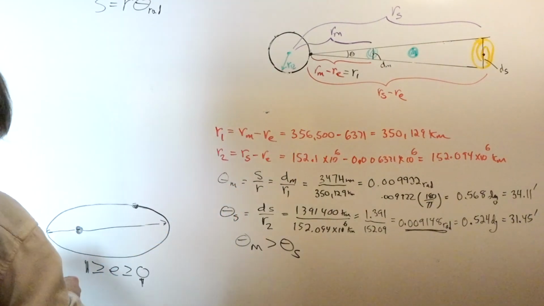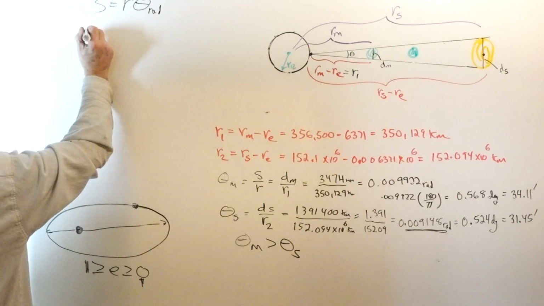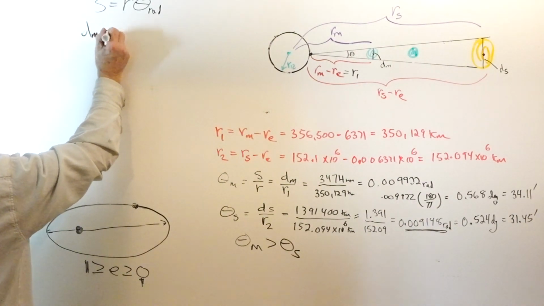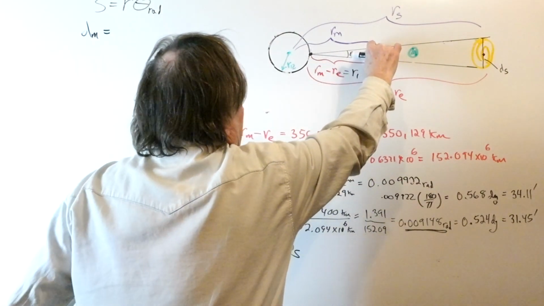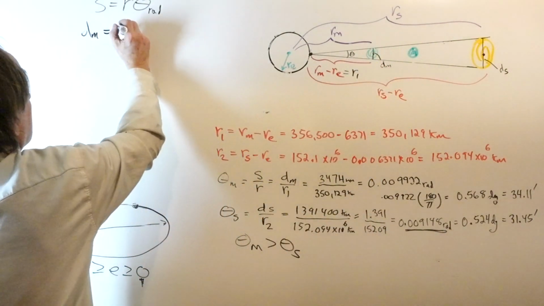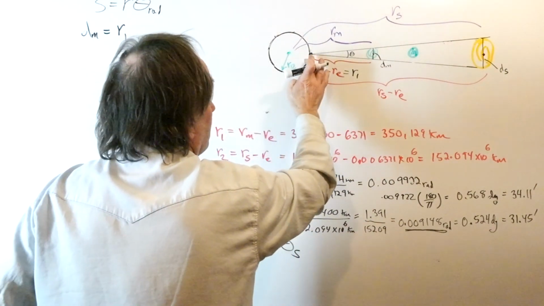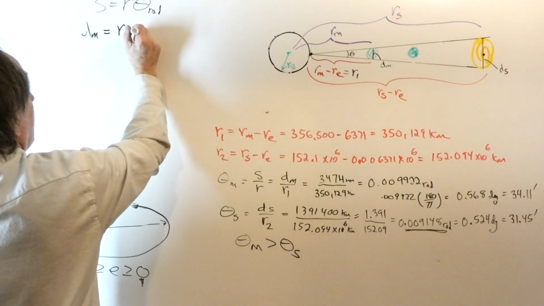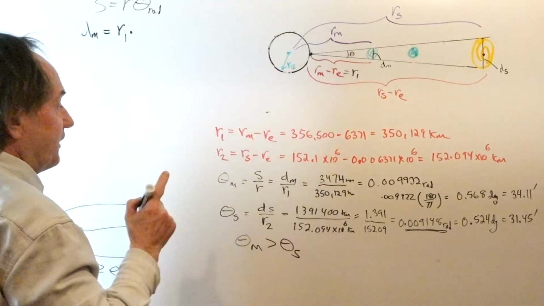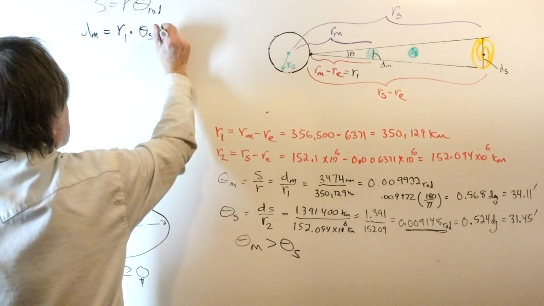Remember S is the diameter of the moon. Putting it in terms of our variables here, the arc length is the diameter of the moon, and that's going to equal R1, the distance from the surface of the Earth to the moon center, times theta. Theta in this case, we're going to make equal to the angular size of the sun.